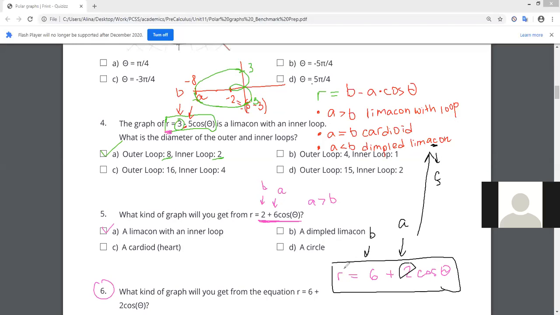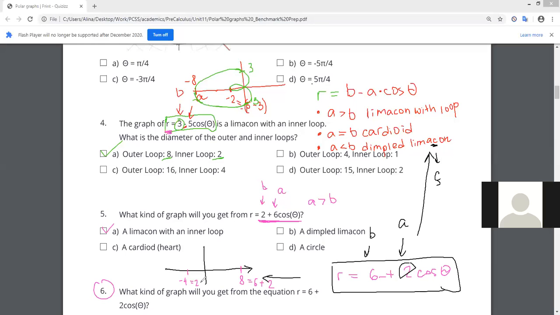And I don't know if I will draw it maybe somewhere here. How does the dimpled limaçon look? And since it's cosine, it will be located on the positive side of the x-axis. We do 6 plus 2, 8. So maybe 8 is somewhere here. 8 is 6 plus 2. 2 minus 6 is negative 4, so I'll go 4 to the other side.